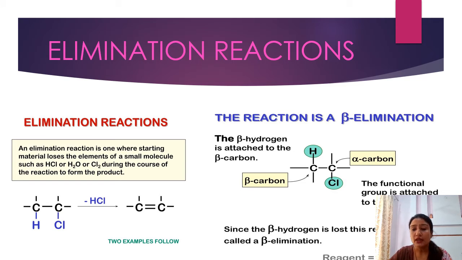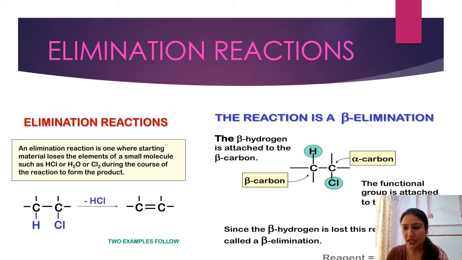Here we only discuss beta elimination. Beta elimination means the elimination here is on the beta carbon atom, not on the alpha carbon atom. So the elimination reactions held on the beta carbon are known as beta elimination reactions.